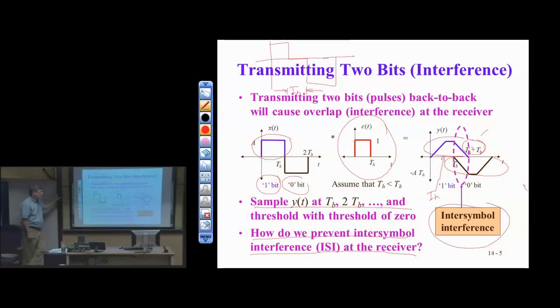So if I could compensate for that low-pass filtering in the receiver, what kind of filter would you use? If I have a low-pass filter in the channel, and I can add a filter at the receiver so that the cascade of the channel and the receiver filter, which is called an equalizer, is all pass, what's the receiver filter going to look like? High pass.